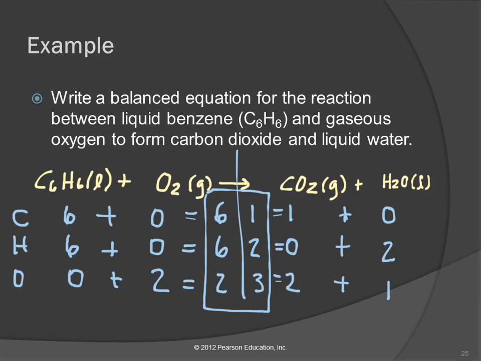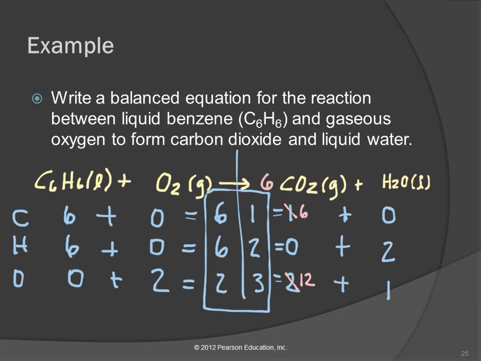One carbon on the right, 6 on the left. We can't do anything to make the 6 less. We can only bring the 1 up. So if we put a 6 in front of CO2, that will give us 6 carbons. So now we've got 6 carbons, doesn't change the number of hydrogens, and now we have 12 oxygens, right?